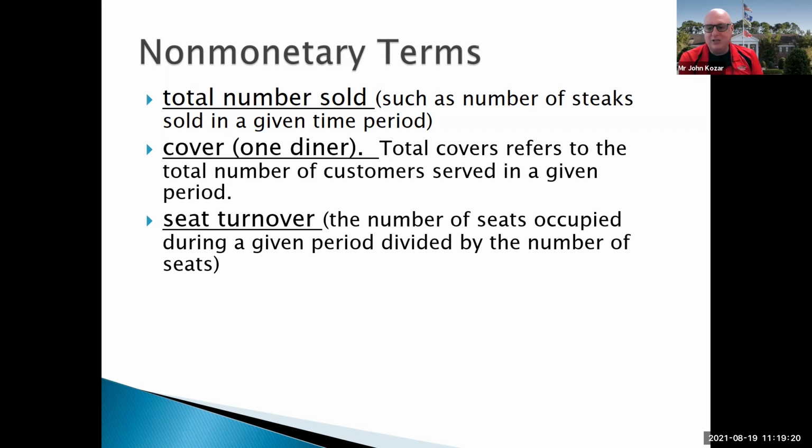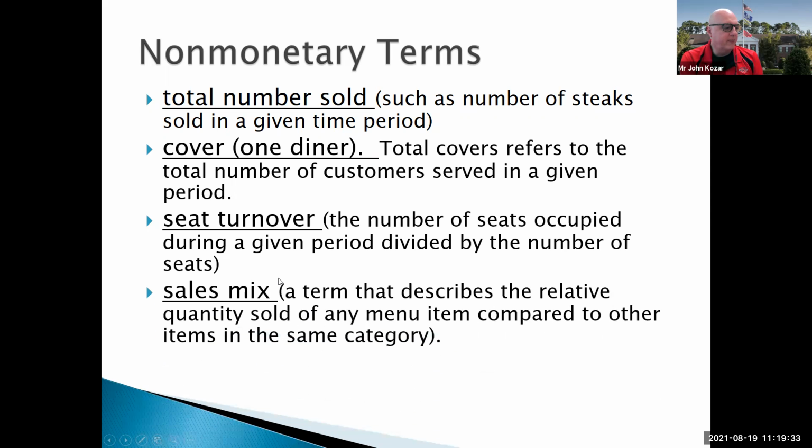So we just count the number of covers that we have during a dinner shift, and then divide that by the number of seats that are in the restaurant. And that gives you your seat turnover. We also have something called sales mix, which we're going to take a look at at the end of this PowerPoint.